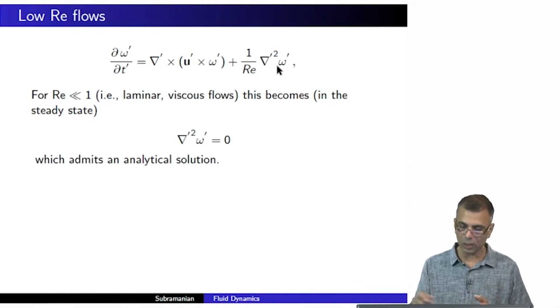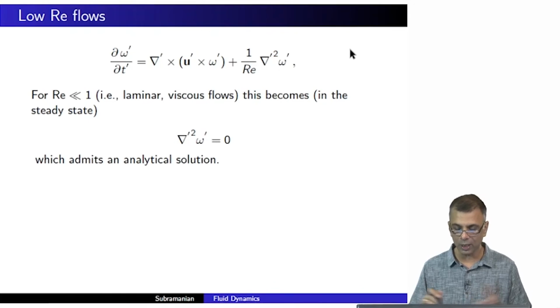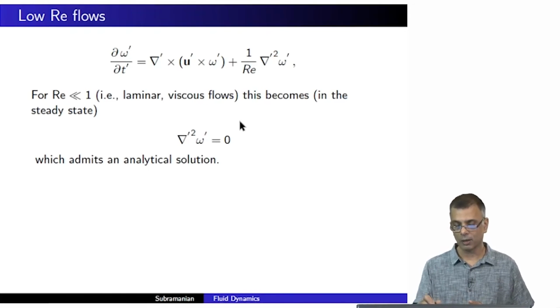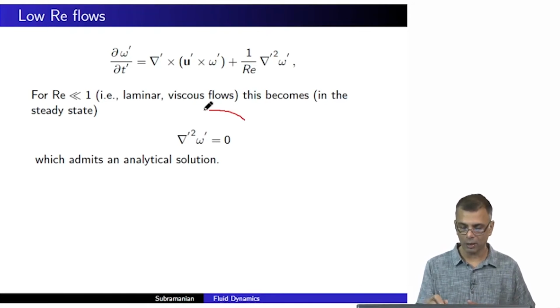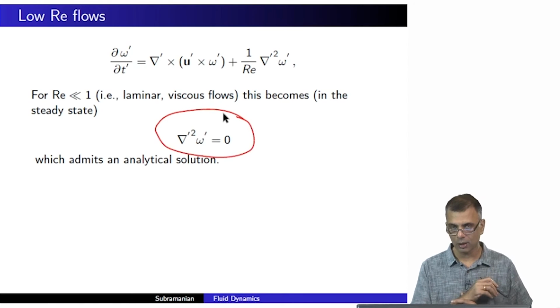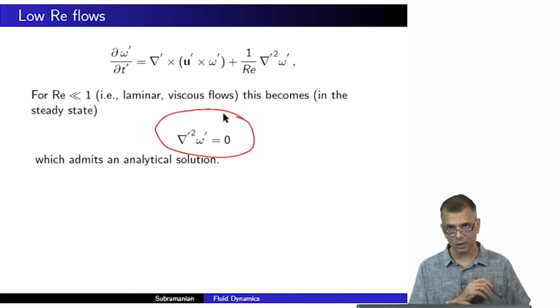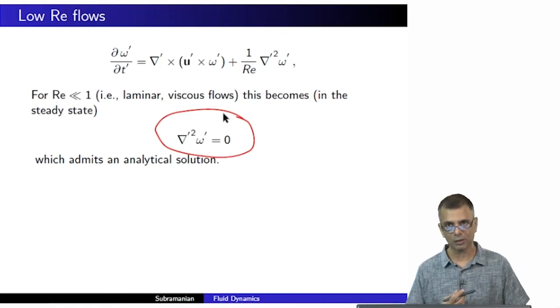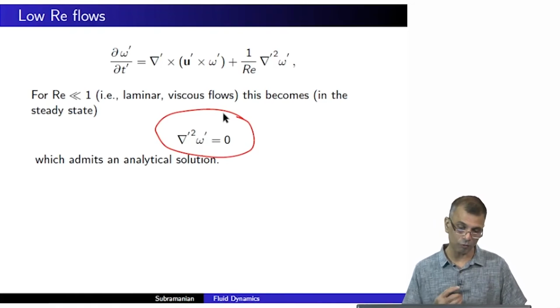Because it's 0, one might as well multiply out the Re, and you get this very familiar looking equation, right? So this is essentially the Laplacian equation, which admits an analytical solution. So this is one of the advantages of writing it this way.